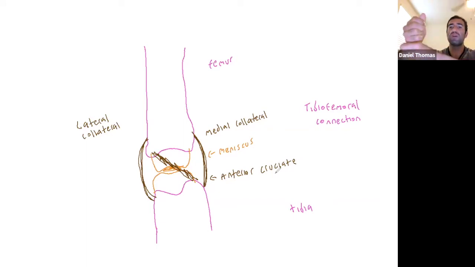This one is torn pretty often in sports because if you plant and something happens, your foot plants and then you twist, it's going to tear. It's interesting because of the bone structure of women having wider hips. I believe the structural difference actually leads women to be more prone to anterior cruciate ligament tears.